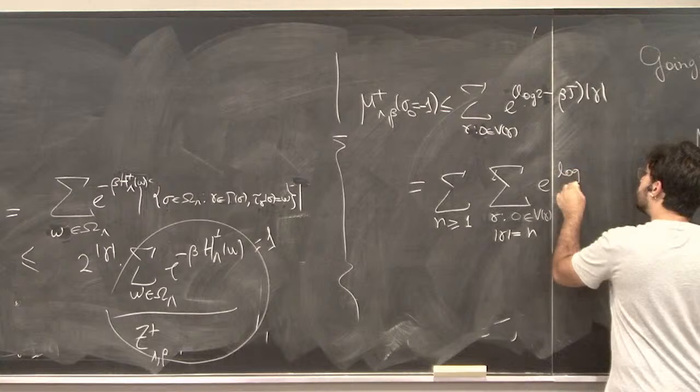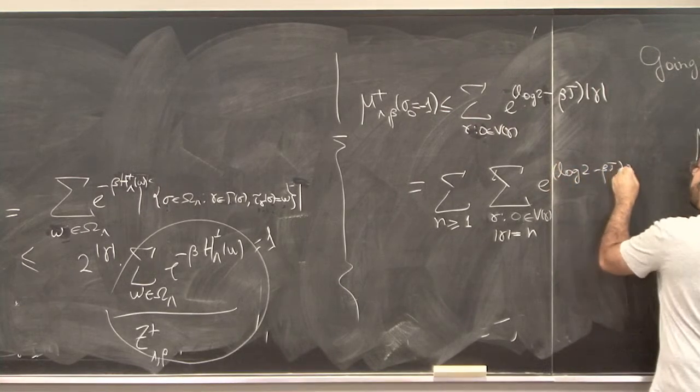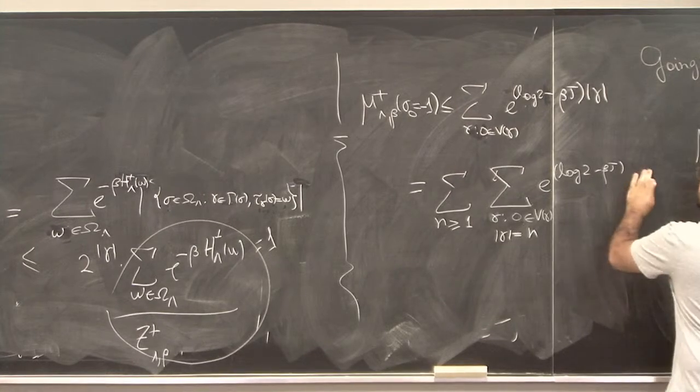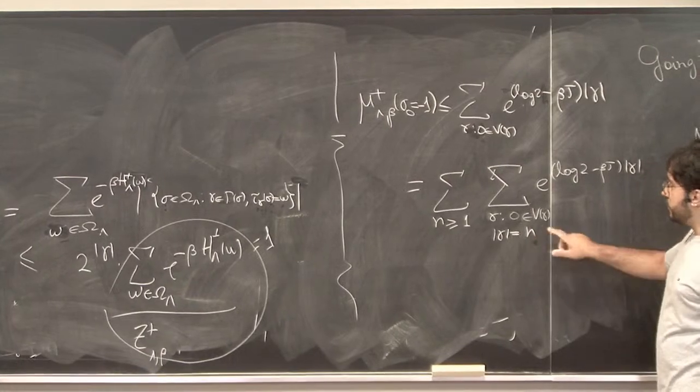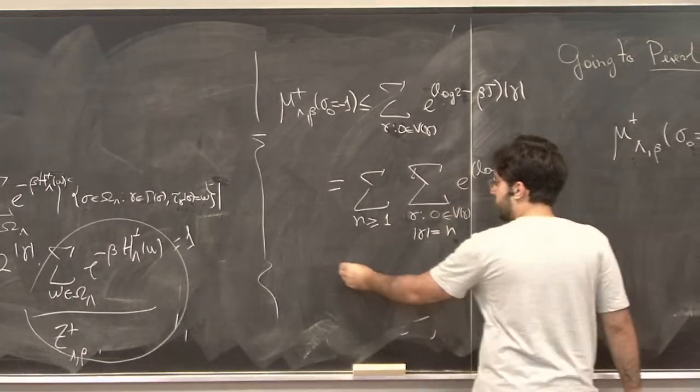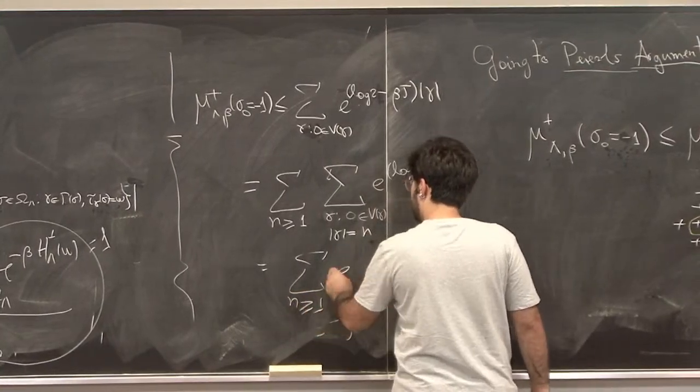Exponential of log 2 minus beta j over n. But this function is constant on this set, so this will be the sum of this series over here.